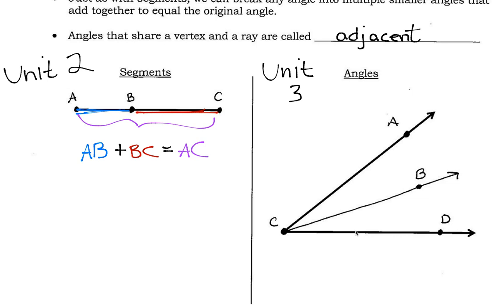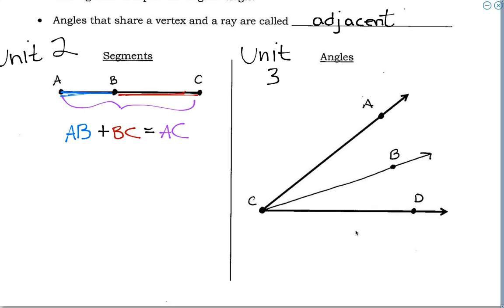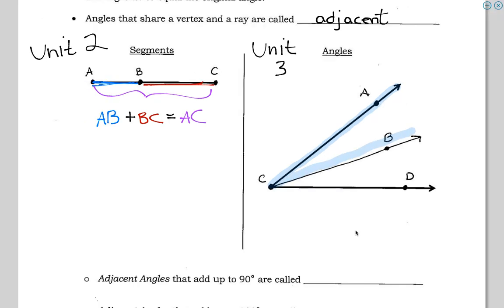In this unit, we would say that angle ACB plus angle BCD equals angle ACD.